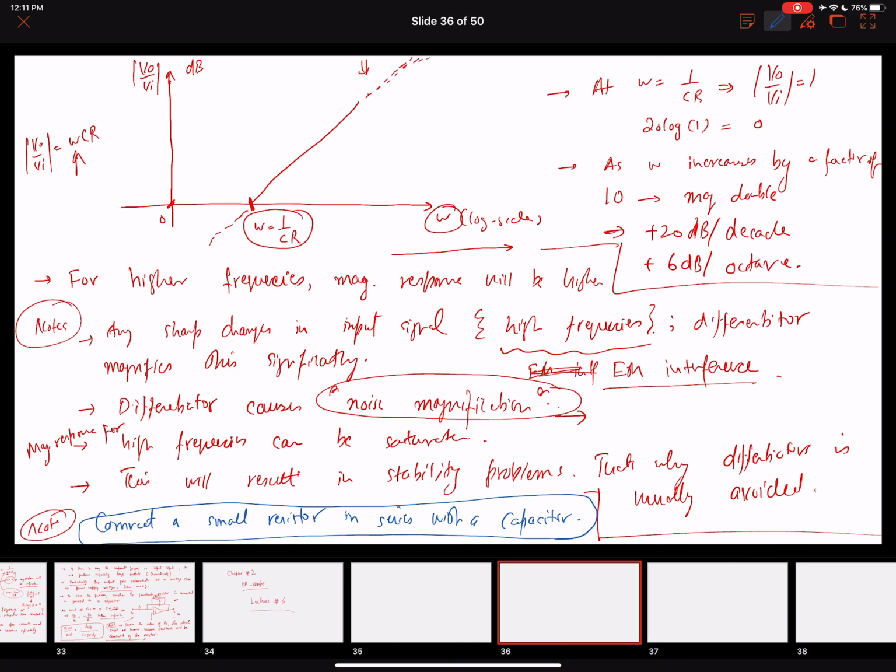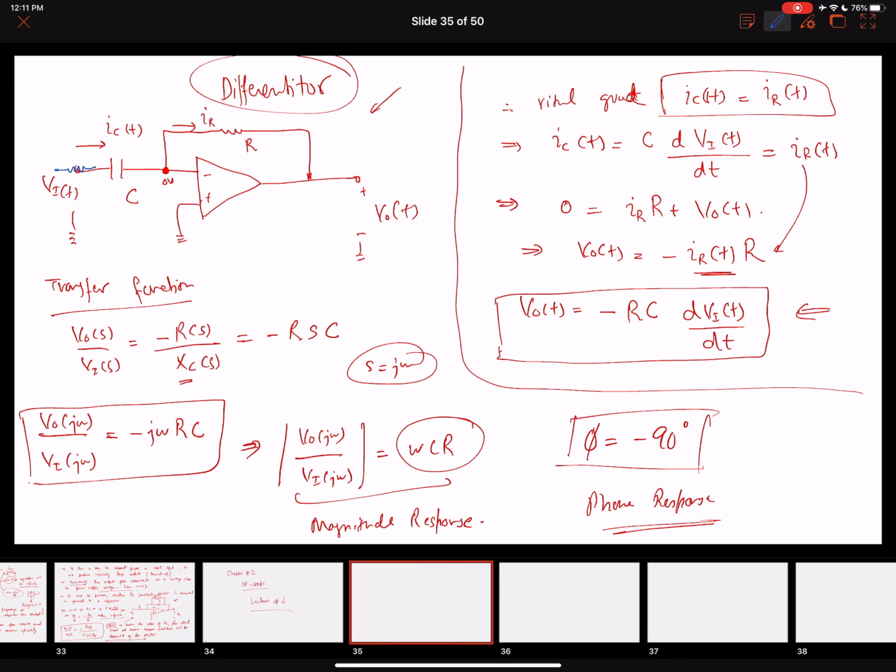All right, so this is our simple differentiator. The last application that we wanted to talk about for the inverting configuration is this differentiator. We have a capacitor in series connected with the input, and a resistor in the feedback loop.